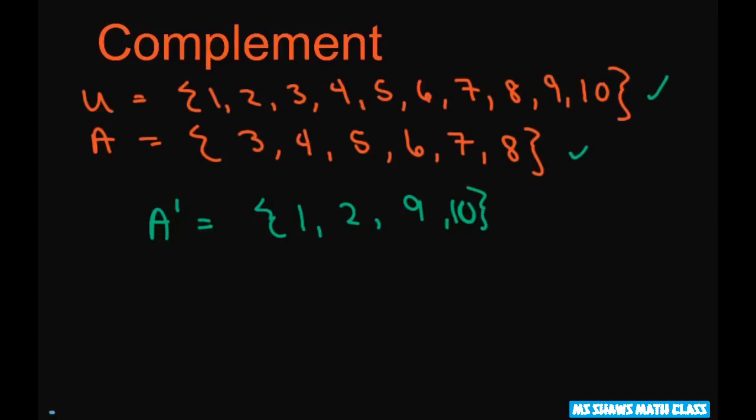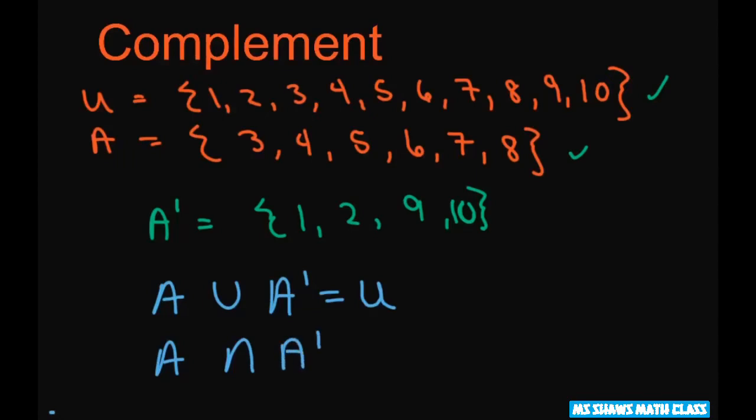Then we can also state that A or not A equals the universal set. A and not A is going to equal your empty set. These are important to know.